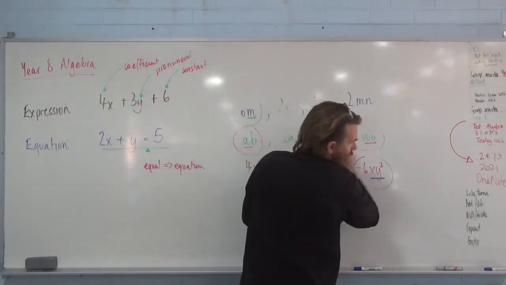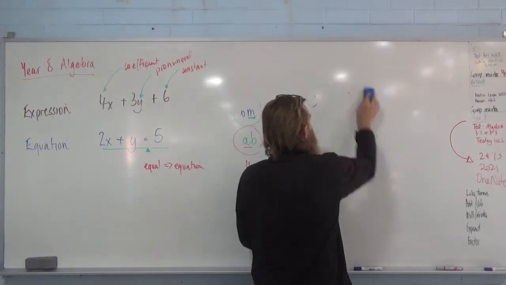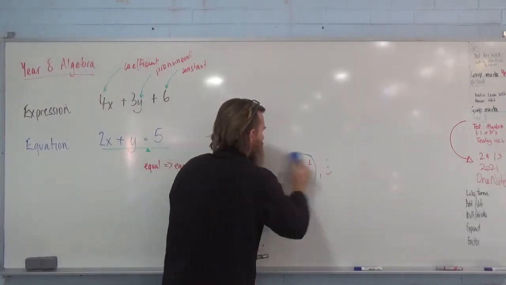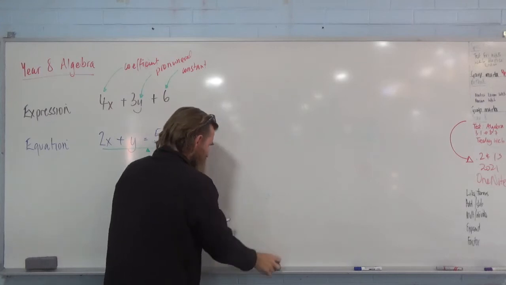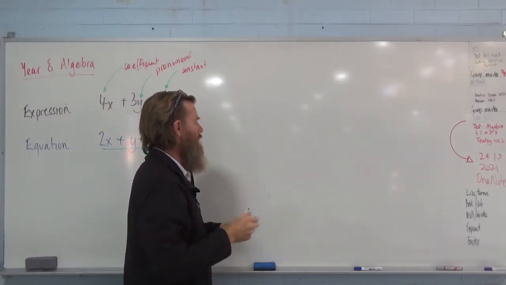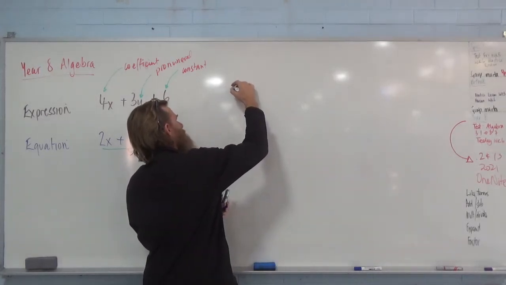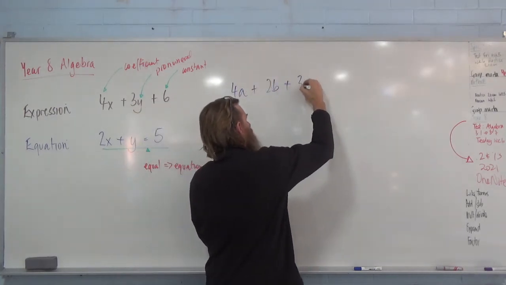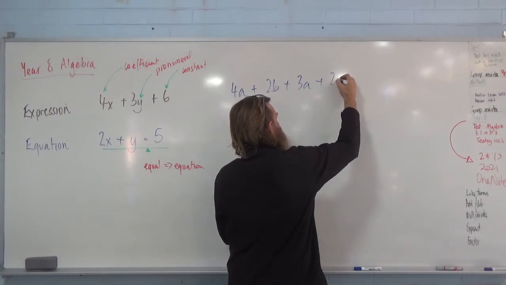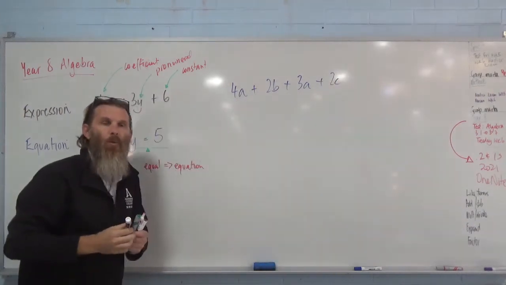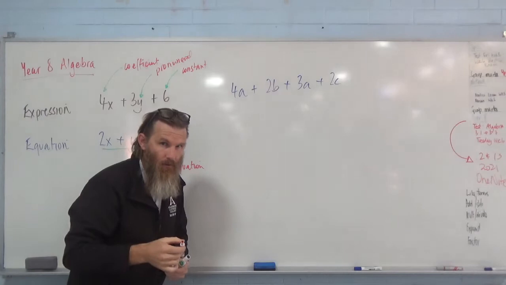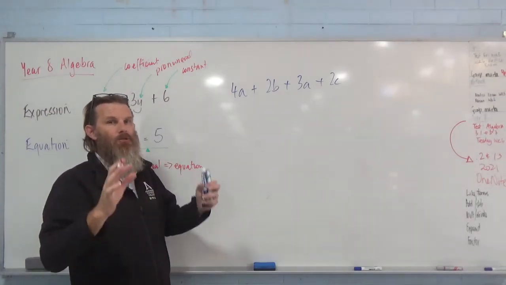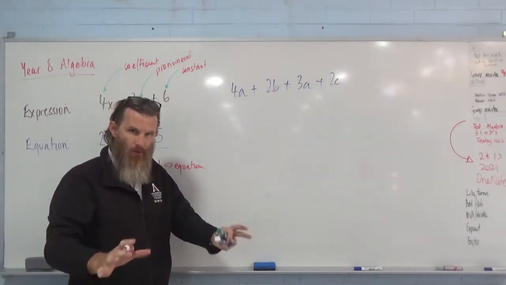The next thing I've got over there is to add and subtract terms. Now, this is easy, I think. You will after this as well. If we had something like 4a plus 2b plus 3a plus 2c. Now, whenever we're adding and subtracting, we can only add and subtract like terms.